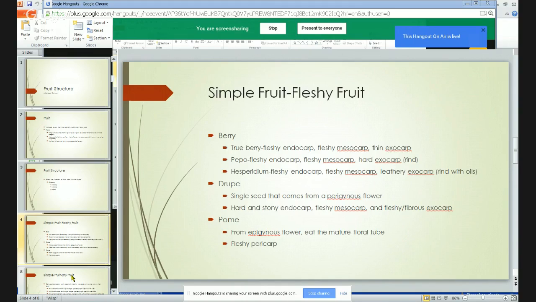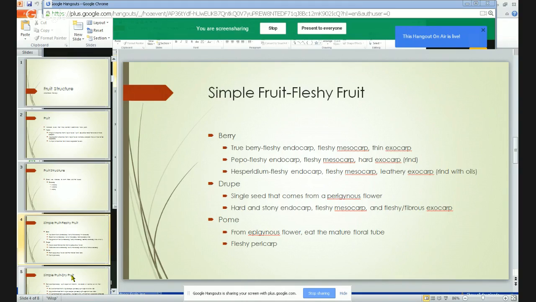you can see I've drawn you the structure of the drupe. It was the only one that we had a drawing for. You can see that there's the exocarp on the outside, the mesocarp in the middle, which is what you end up eating, and then you've got that stony endocarp.